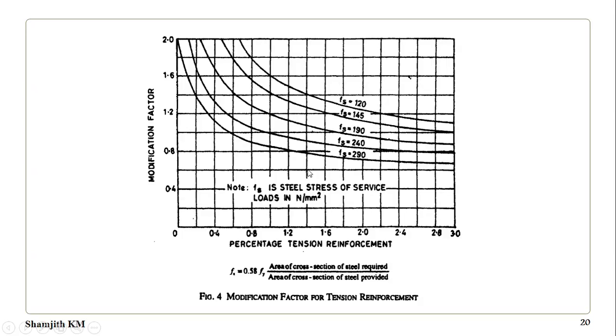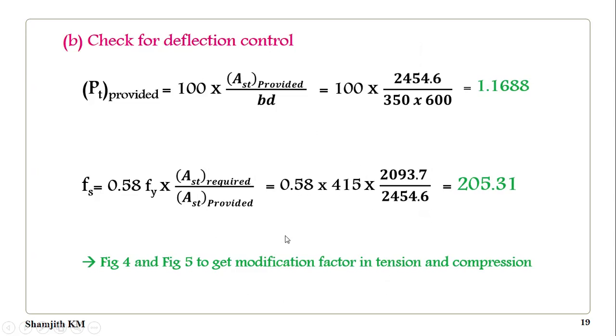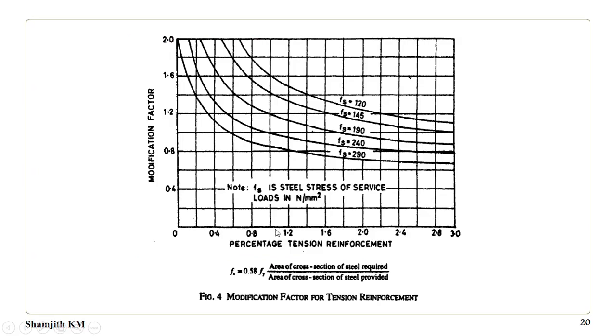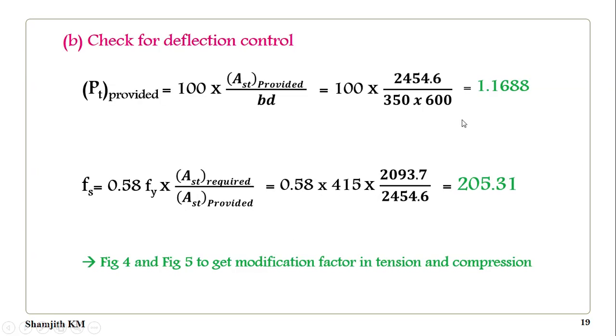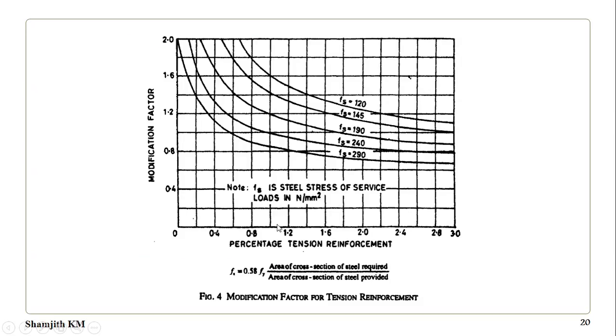Once more explaining, here we will be getting 1.1688, here is 1.2, here is 1. 1.16 comes somewhere here. We draw an imaginary line in our mind. The Fs is 205, it will be coinciding here, and we will be collecting this point, that is 1.1, as the modification factor Kt.